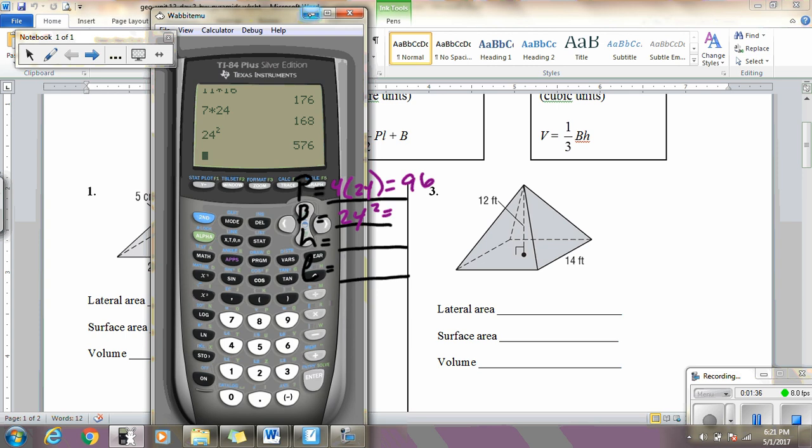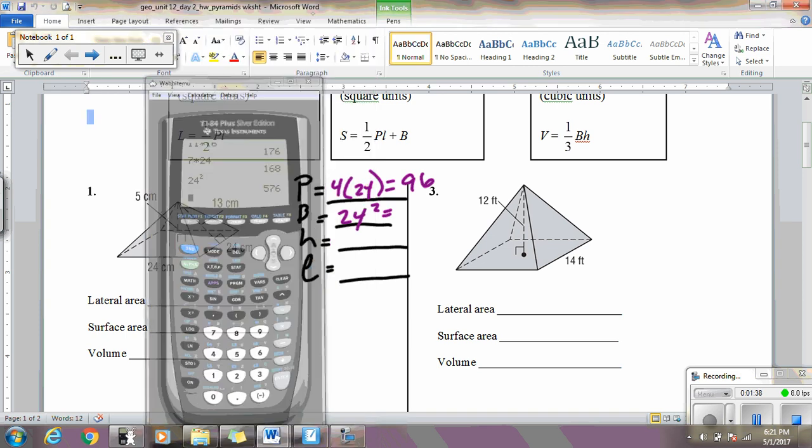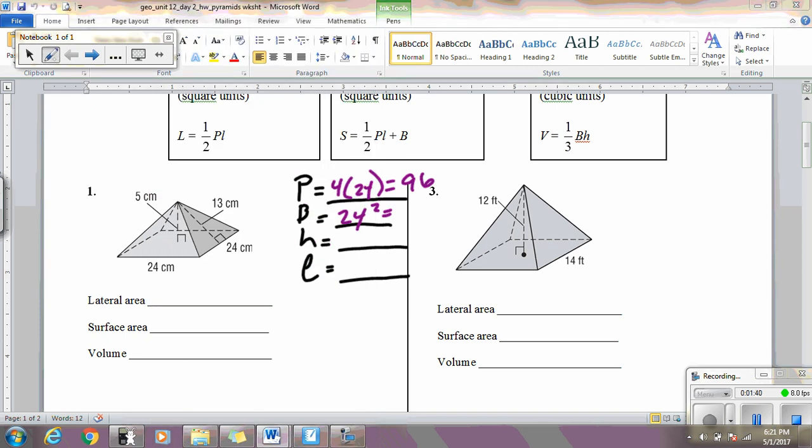Sorry, don't forget your units. Centimeters and centimeters squared.